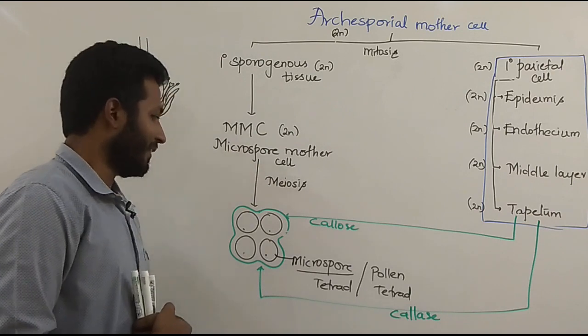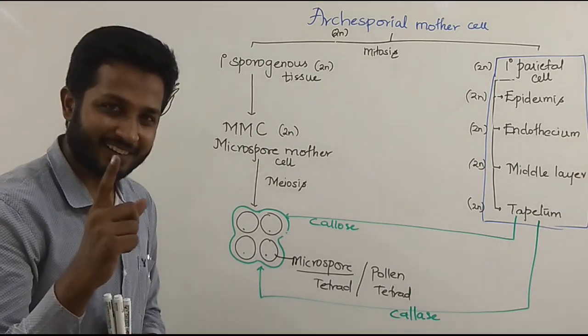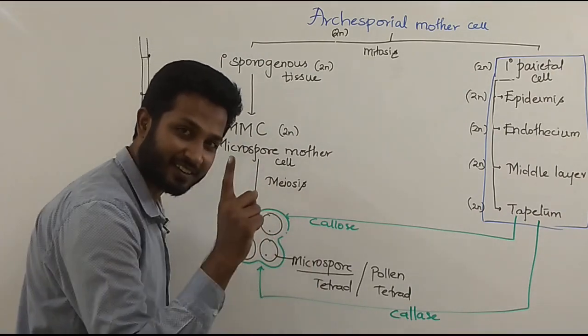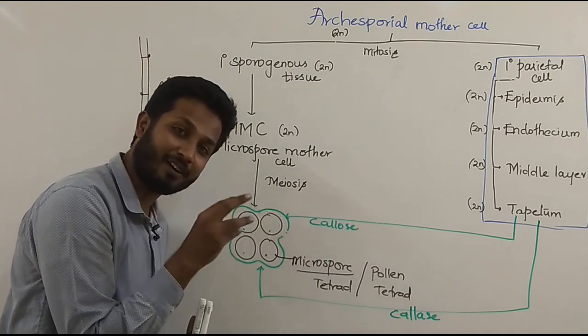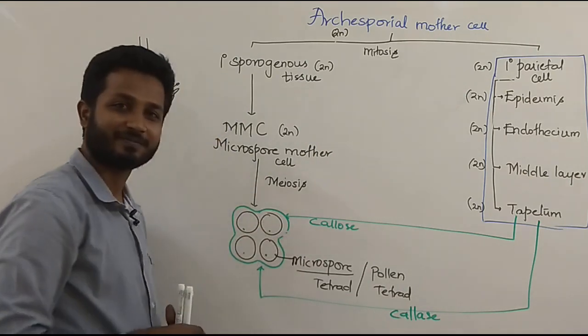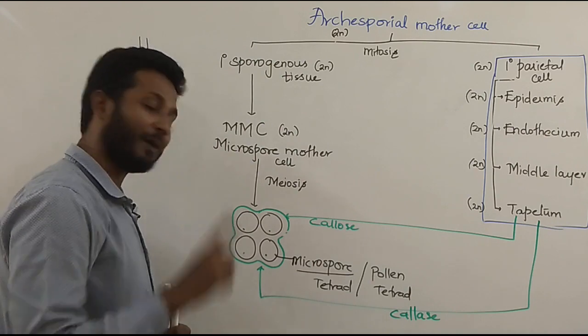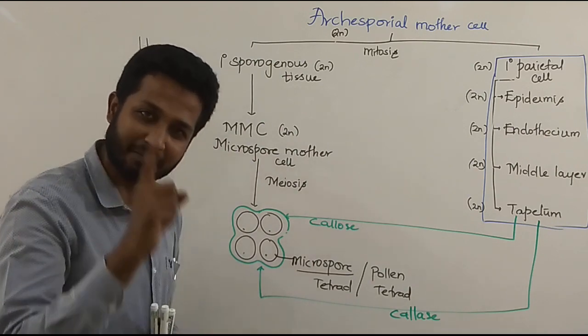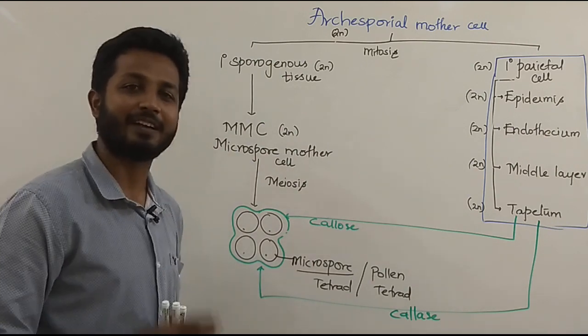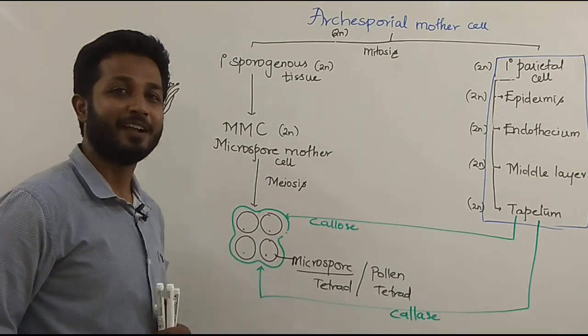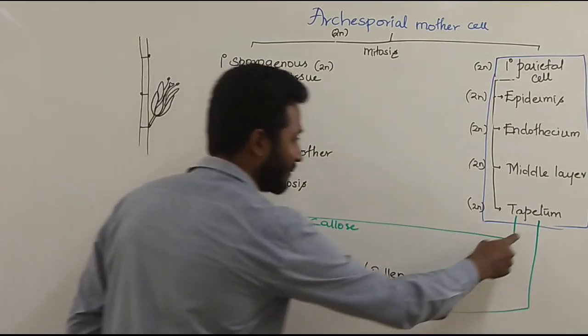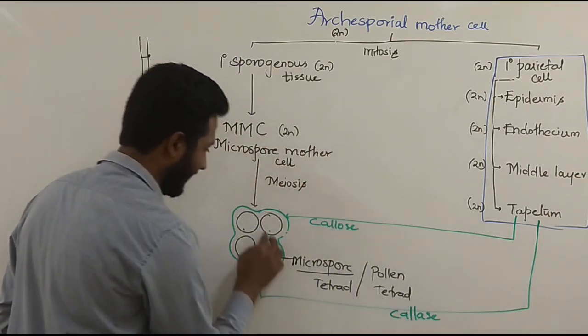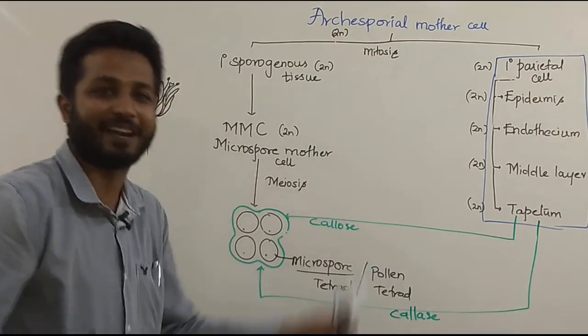What is that? That is callose. Grandfather is callose, keeping all the 4 sons together till his death. But once he dies, he himself created a problem, that is property. So property disputes will happen between the kids and all of them are going to get separated.